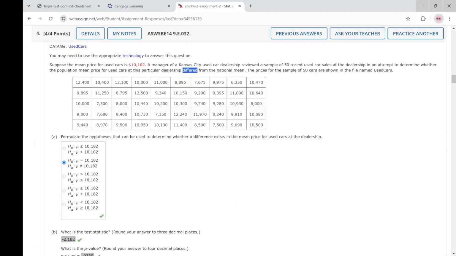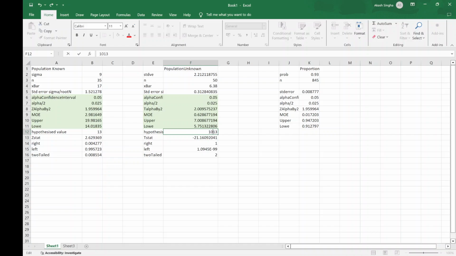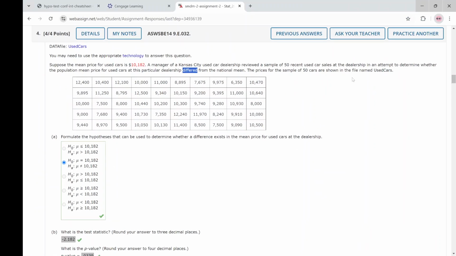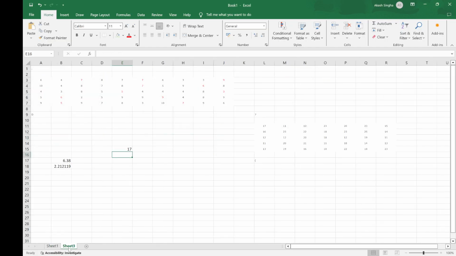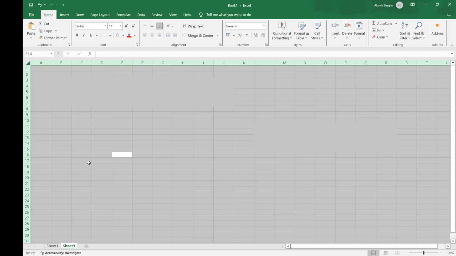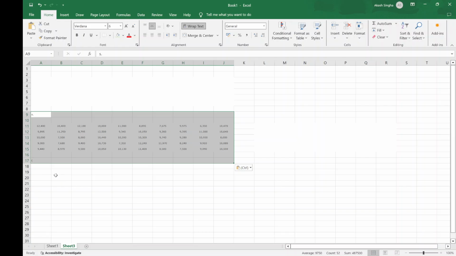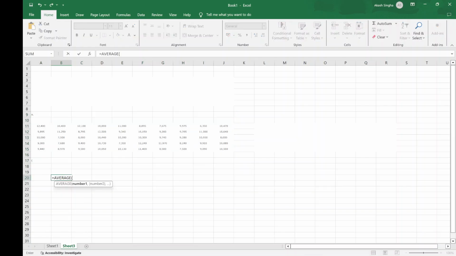Okay, now in this scenario, 10,182 is the hypothesized value. Sample we have to calculate, right? Now average should be this much and STD should be this.